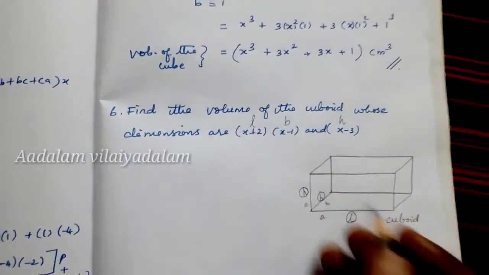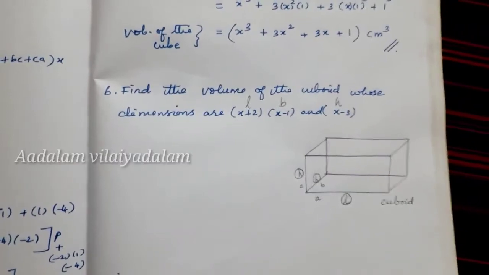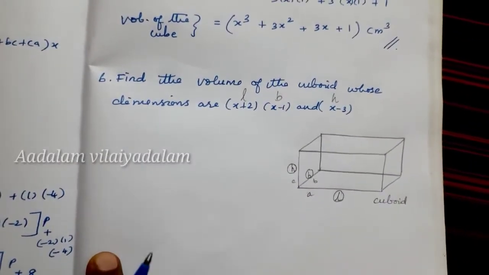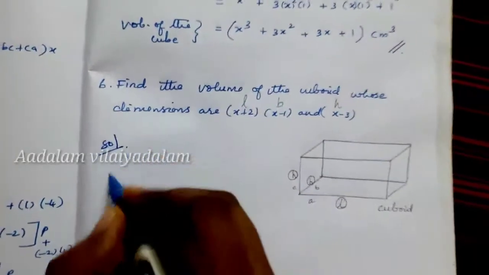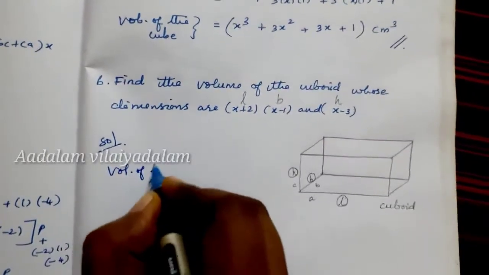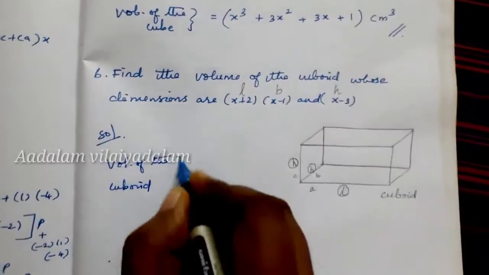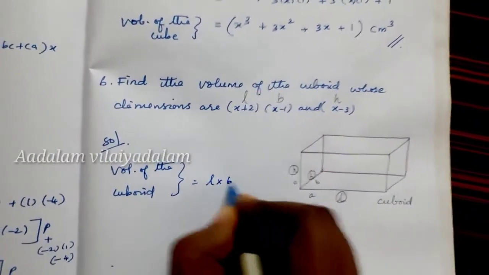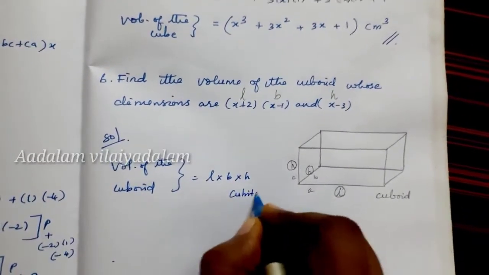So the 3 dimensions are L, B, H. Now the same problem, but with a different formula, we can solve the volume of the cuboid. So volume of the cuboid is simply L into B into H cubic units.